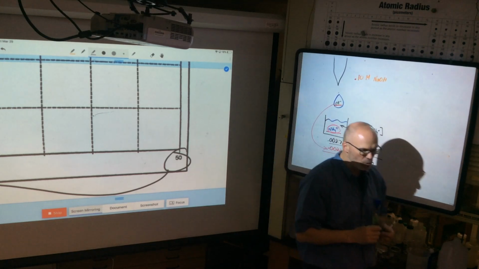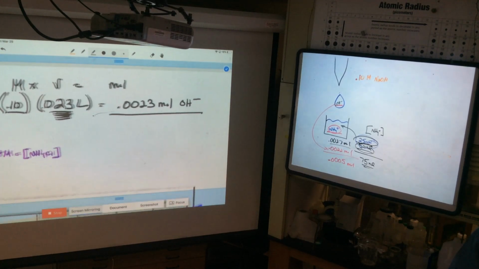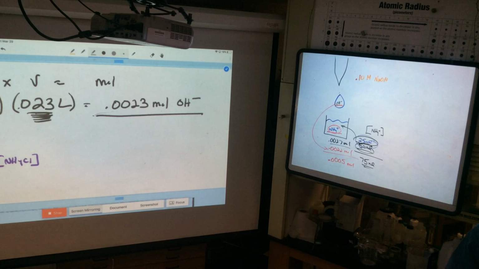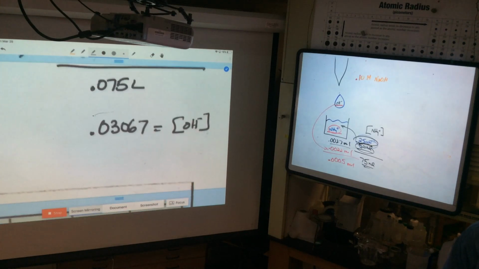We had 25 of the acid originally, and we added 50 from the burette for a total of 75 milliliters in my beaker. To get the new concentration, I'm going to divide by not 75 milliliters, but 0.075 liters. Don't forget, molarity is moles over liters. So take out our calculator: 0.0023 divided by 0.075, and what I get is 0.03067, and that represents the concentration of the hydroxide in that beaker.